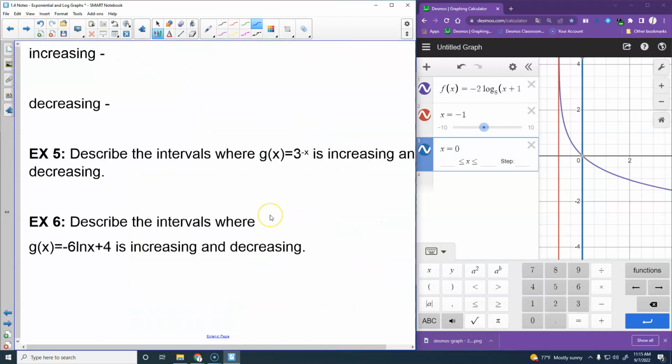All right, increasing and decreasing. Okay? Increasing is going to be y values increase. I know it's bad to define a word using that word, but we're going to here. Increase, the y values increase from left to right.